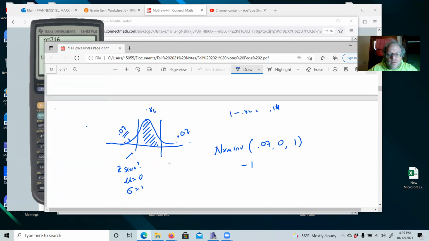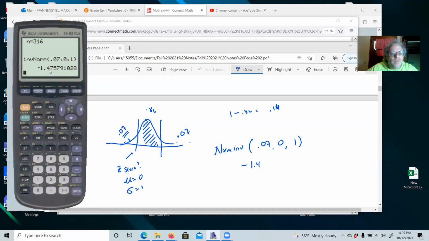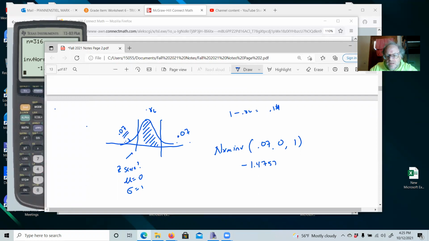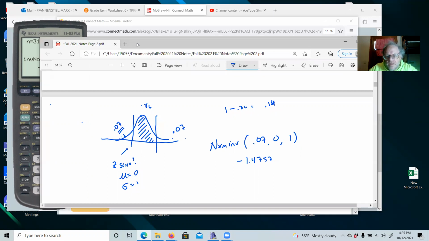This is negative 1.44757. Let's double check to see what they want, this to 2 decimal places. Okay, so we're going to bring that over, so that's going to be negative 1.48. Now, the thing about normal distribution is it's symmetric.